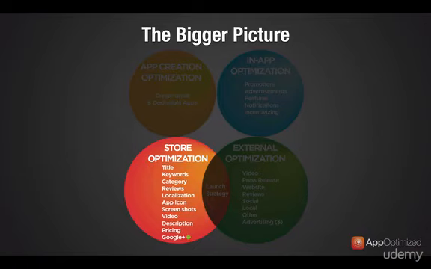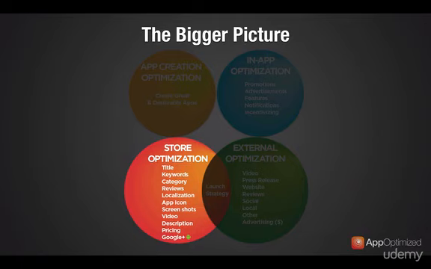And then lastly, as I pointed out before, there's App Store optimization. This is all the promotion and marketing that you would do inside of either the Google Play Store or the iOS App Store. Each store gives you certain aspects that you can tweak and modify to help optimize your listing.